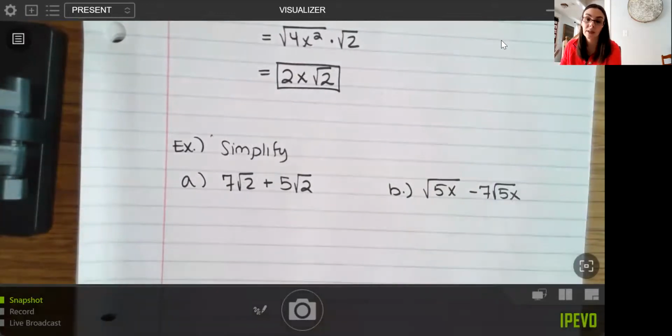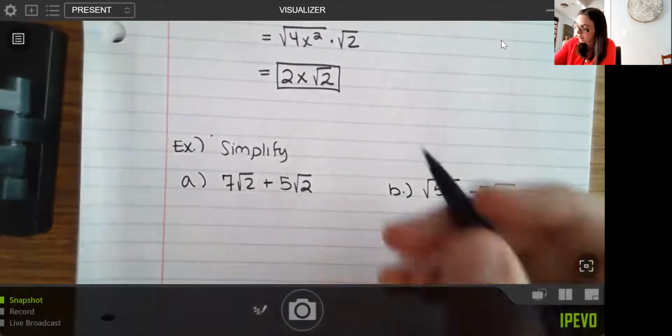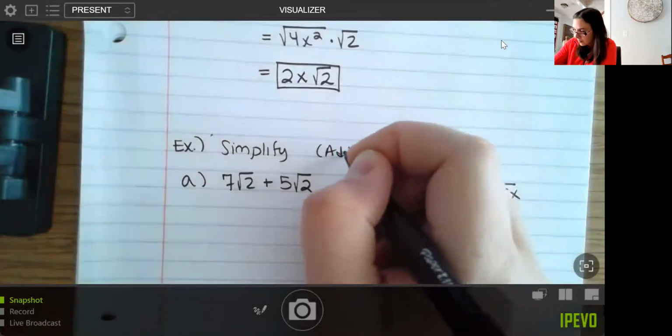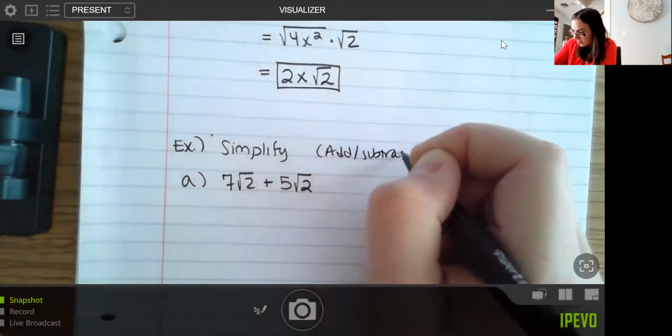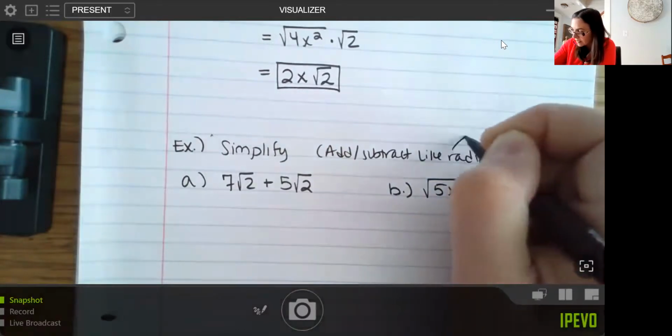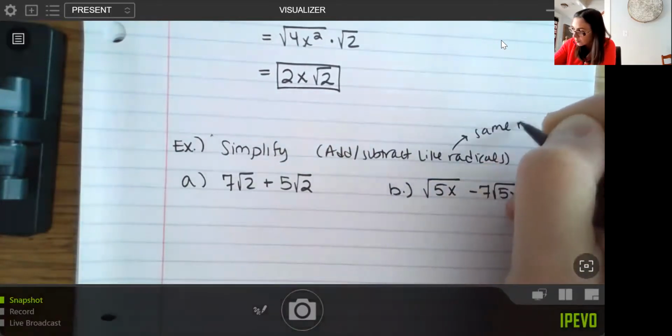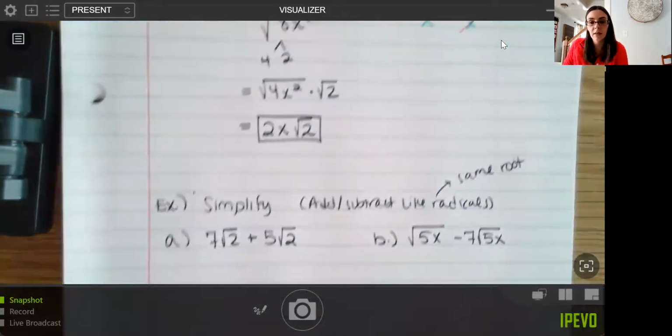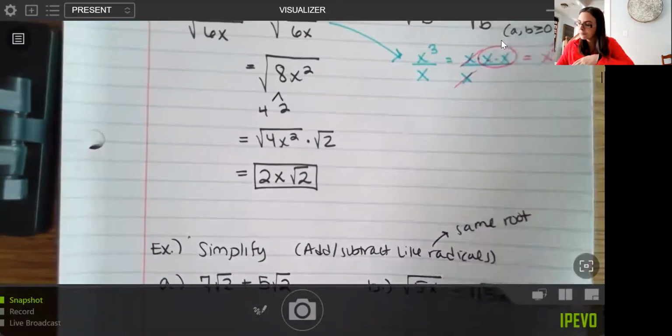We add or subtract like terms, we add or subtract like radicals. So like radicals would mean that you have the same exact root. So the same kind of root and the same thing underneath the root as well.